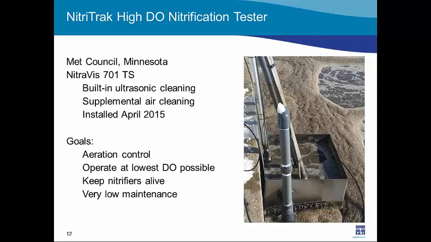Our first customer profile is for the Met Council Minnesota wastewater utility. They have developed something called a Trak high DO nitrification tester. Let me explain. Their main goals are for aeration control and to operate at the lowest DO possible to save money.